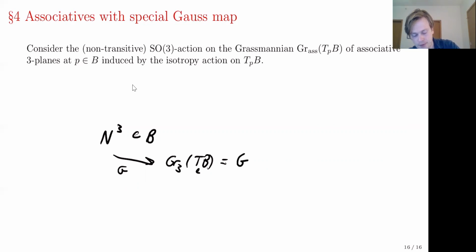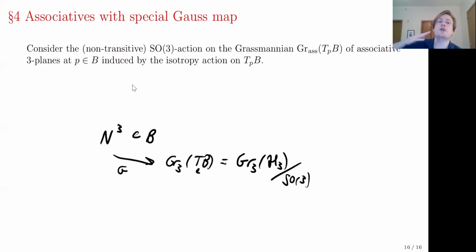So you can take this G actually to map into the Grassmannian of 3-planes in H3, but at the expense of having to only consider it up to the action of SO3, because when you translate back to the identity coset, you can do it in several different ways. You can do it in an SO3's worth of different ways.